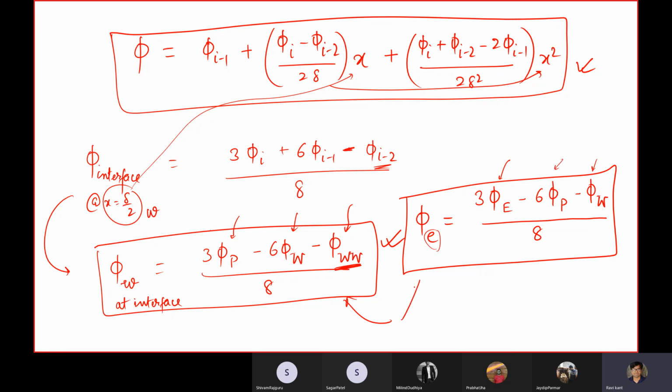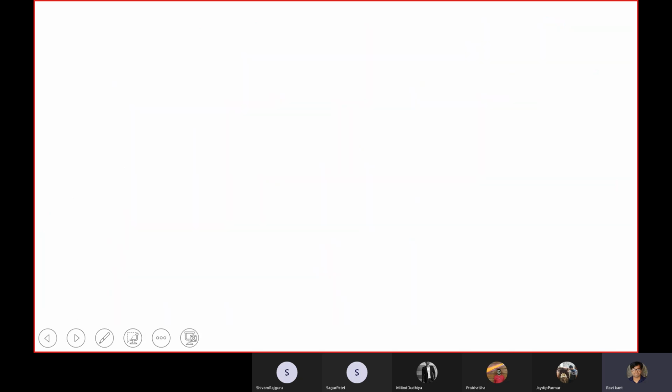Now having said that, let's take any generic equation. Again, let's take any generic one-dimensional case. This is your P, this is your E, this is your west node.